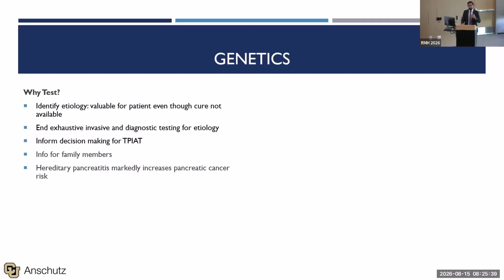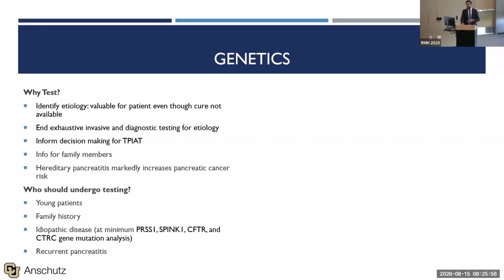It can also be helpful in making a decision for TPIAT, which we'll talk about, which is a total pancreatectomy with islet autocell transplantation. It can be helpful for family members and also speaks to increased pancreatic cancer risk. Now, who should we consider testing? I would say young folks, as well as folks with a family history. And if they've had idiopathic recurrent cases of acute pancreatitis, those are the people we want to be thinking about.